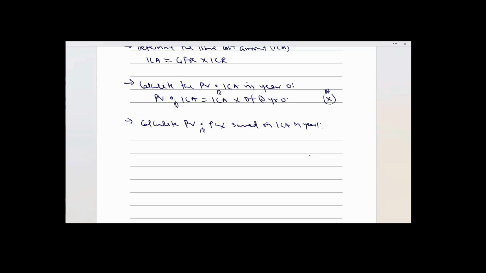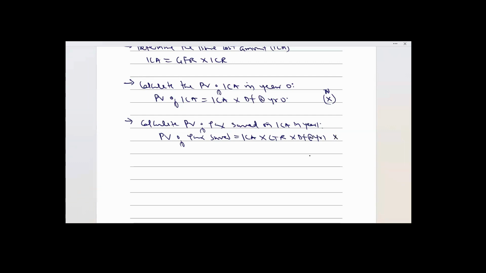How do you do this? Simple. PV of tax saved equals the issue cost amount. Anything that has to do with tax saved, what do you do? You multiply it with the company tax rate. So issue cost amount multiplied by company tax rate, then multiplied by the discount factor at year 1.